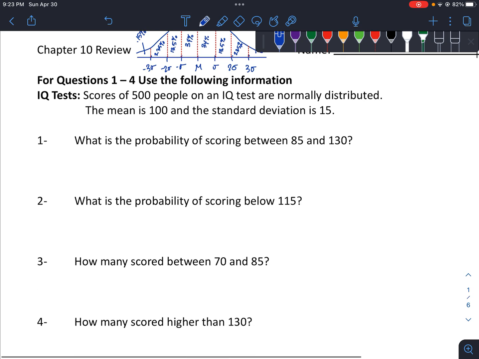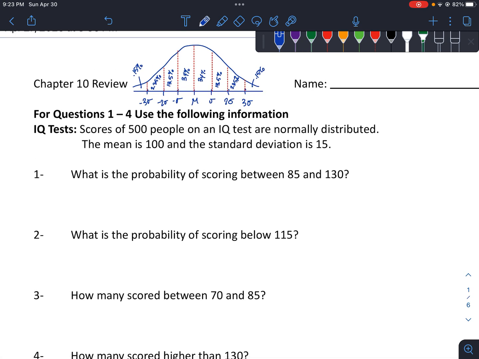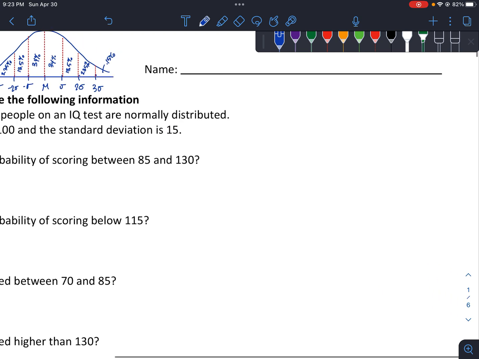In these problems, 1 through 4, you should be using this setup right here. Scores of 500 people on an IQ test are normally distributed with a mean of 100 and a standard deviation of 15. So with the empirical rule set up, in dead center we would have the 100.